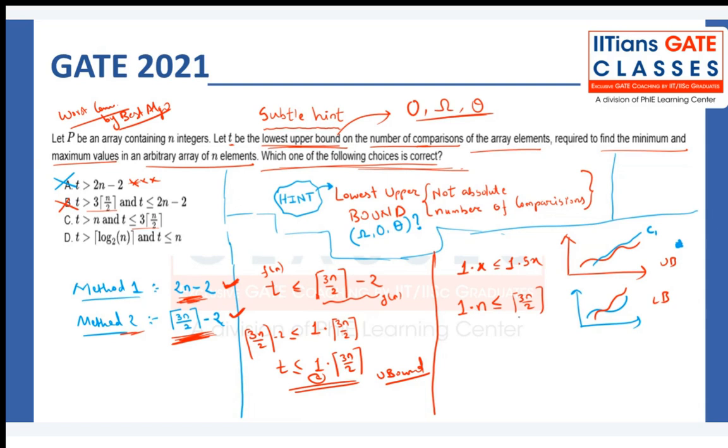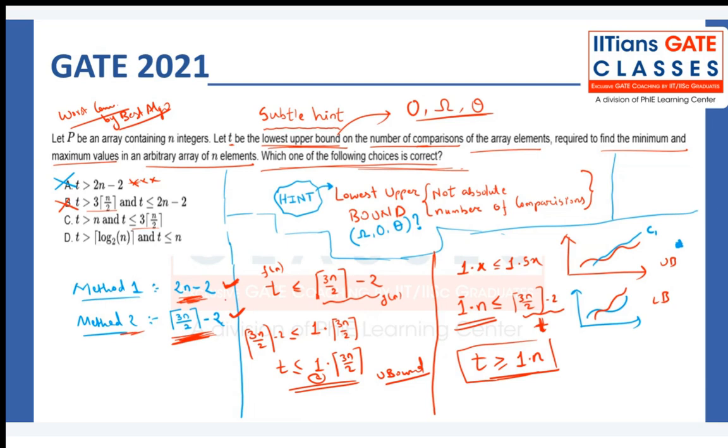So basically this is nothing but the bound on my number of comparisons. So it will always be greater than n. My constant can be 1 here. So for the lower bound, I can say that it will always be greater than a constant 1 into n. So this gives me my lower bound.